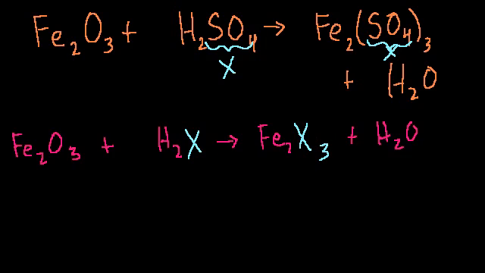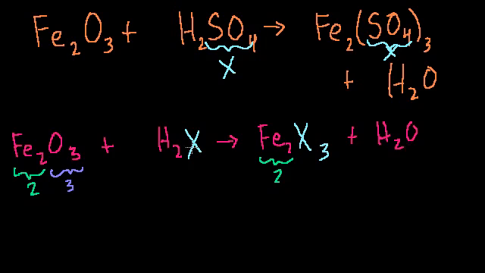So let's see. On the left-hand side, how many irons do we have? We have 2 irons here, we have 2 irons there. So the irons look balanced at first glance. Let's deal with the oxygens. We have 3 oxygens here, and we only have 1 oxygen here.